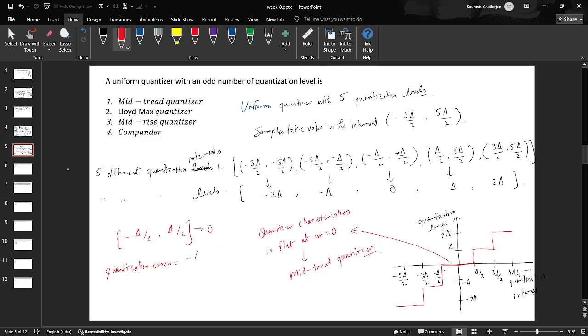It's minus delta over 2. If you take the absolute value, it's delta over 2, but let's keep it this way. So when your message signal is minus delta over 2 and you map it to 0, you have a quantization error of minus delta over 2. Similarly, go to another extreme. When the message signal takes value delta over 2, you are again going to map it to 0. So in that case, the quantization error is again delta over 2.